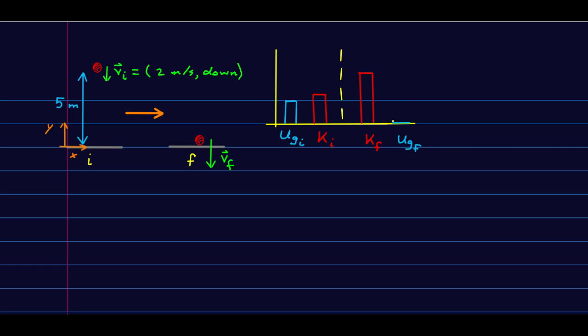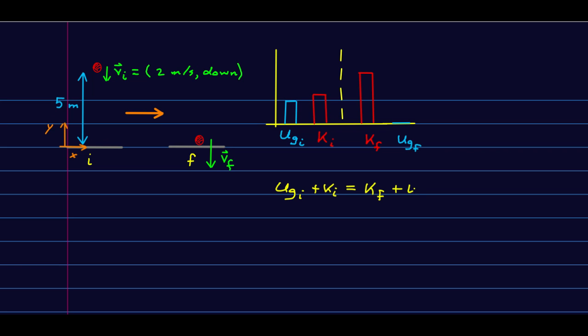It ends up having more kinetic energy, and because I've defined my axes down at ground level, it has no gravitational potential energy there. And we know from the last unit in the course that we could use this conservation of energy equation that comes out of this picture to solve for VF if we wanted to.